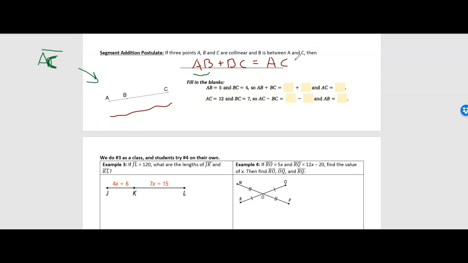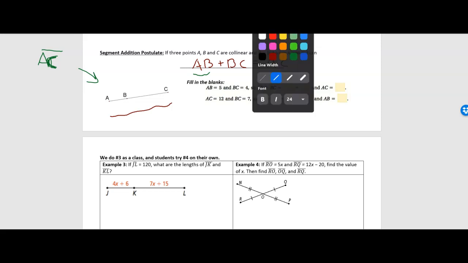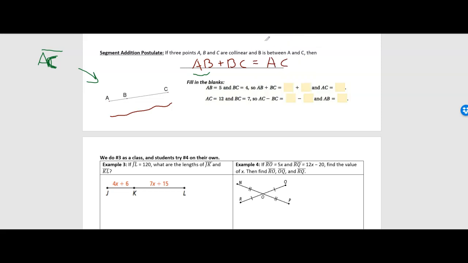So I have this segment AB. Let's say that I break AB off. So I'm going to get rid of AB for the moment, and I'm just left with BC. Well, AB didn't disappear. I'm putting it over here.